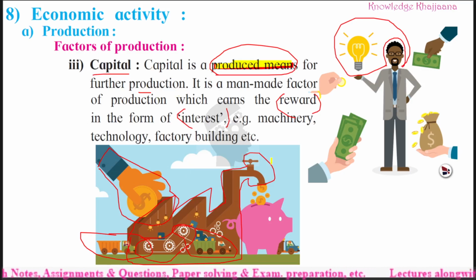See what has been shown in this picture. You have to build the factory, and if different production activities are going on in this factory, then only will you earn income from it. This picture shows a piggy bank.